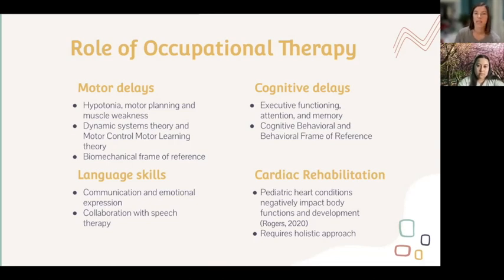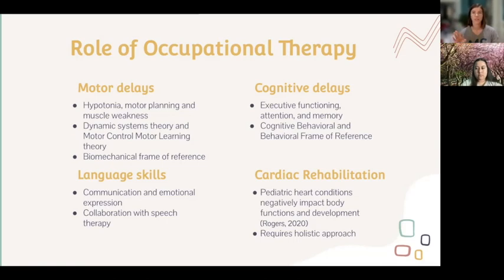This can be commonly approached using the cognitive behavioral or behavioral frame of reference, utilizing things like reinforcements or teaching clients their own strategies for self-monitoring. Some language skills that are commonly delayed are communication and emotional expression. This would be treated in collaboration with a speech therapist.